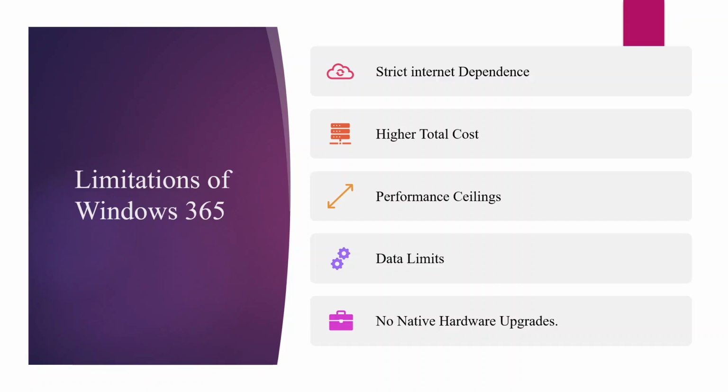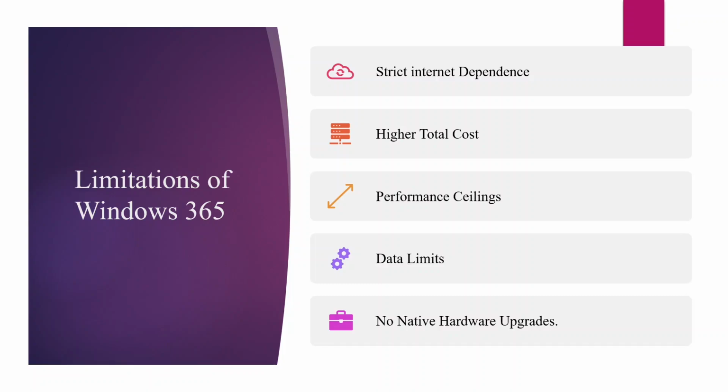Some users indicate that video and audio performance is typically smooth if the ping time stays below 250 milliseconds. Higher total cost. While it reduces the upfront hardware investment, renting a cloud PC long term is more expensive than buying physical equipment or utilizing an alternative service like Windows Virtual Desktop.